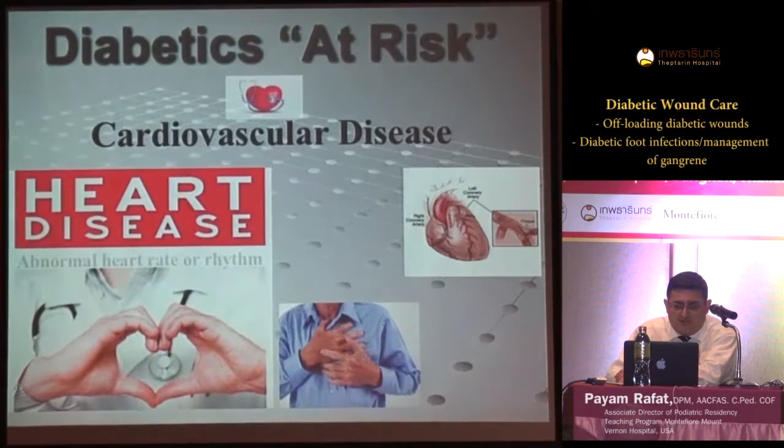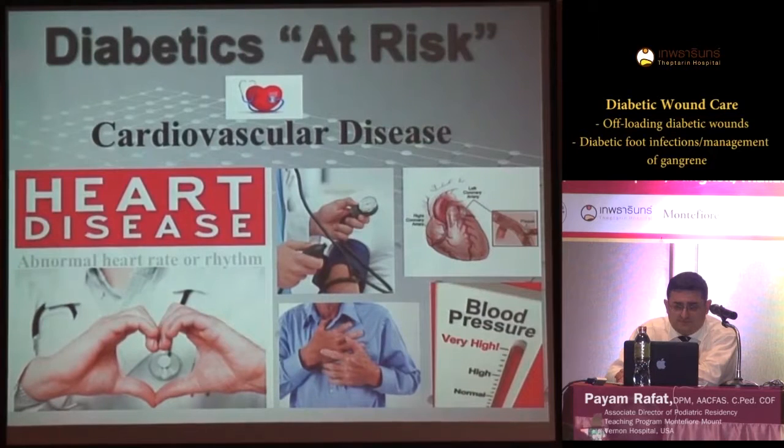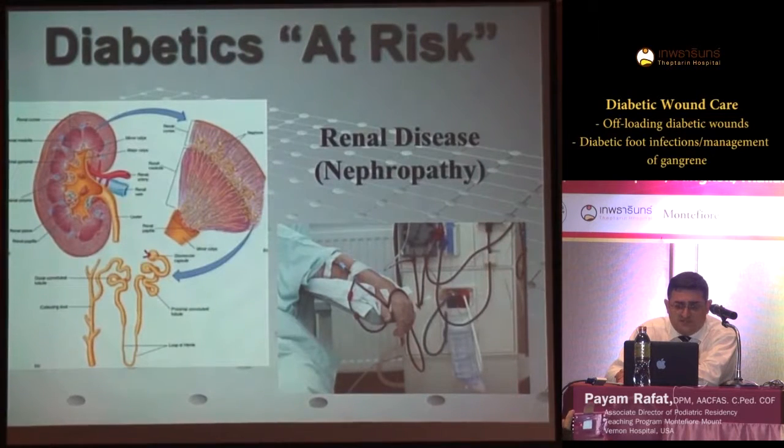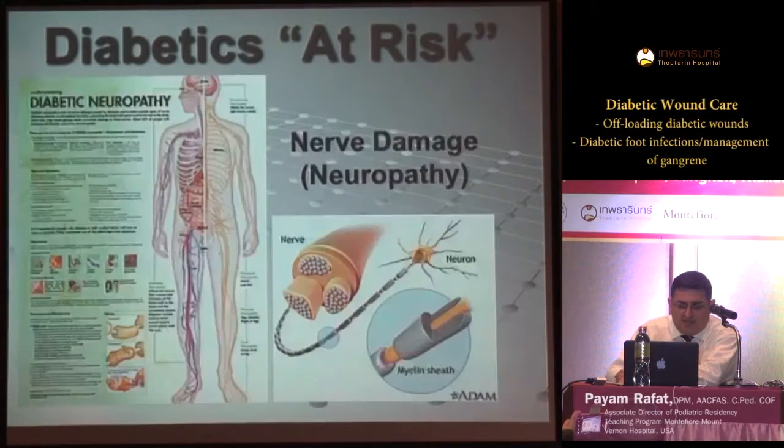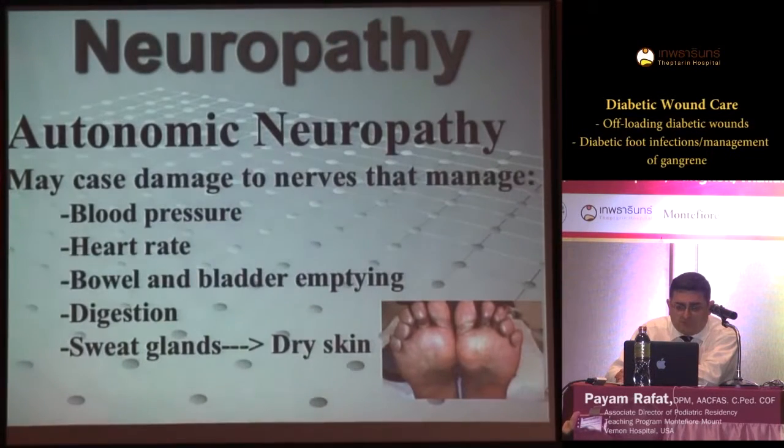They're at risk for cardiovascular disease, renal disease, oftentimes leading to possible need for hemodialysis. They're at risk for neuropathy, nerve damage, and increased risk for autonomic neuropathy, leading to potential problems such as dry skin, which could potentially lead to fissuring and increased risk for infections.